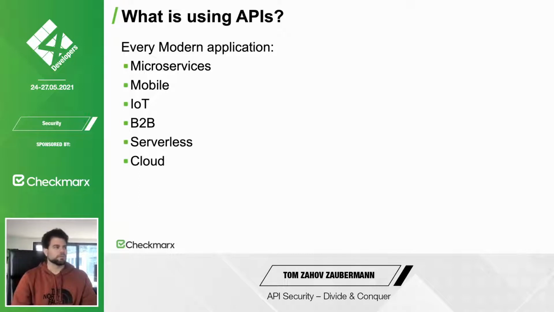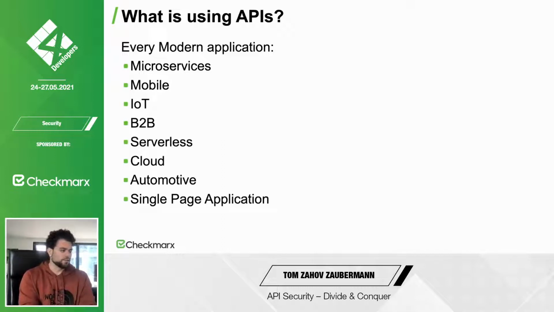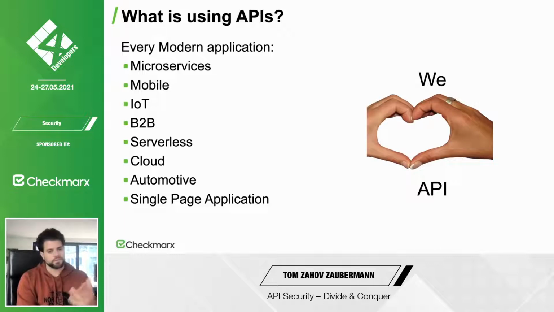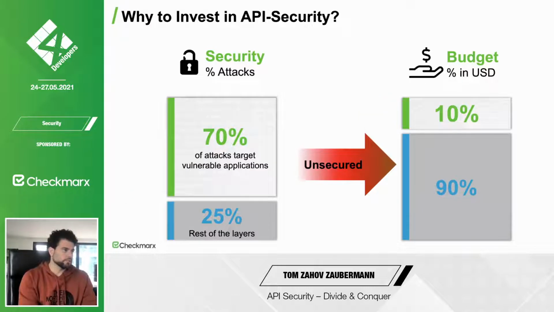Where do we use APIs? We use them between microservices, in mobile applications, in IoT, B2B applications, serverless applications, in the cloud, in automotive, even single page applications. You know, we love APIs. We know they're everywhere. It's nice, it's easy, it's approachable, and very fast as well.